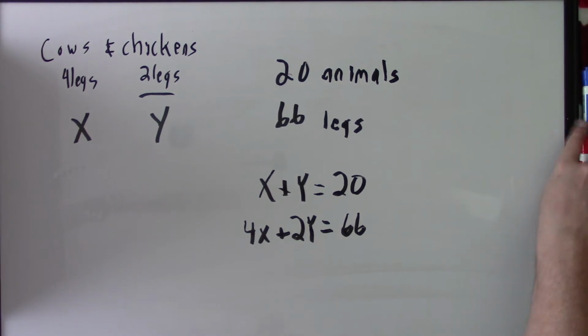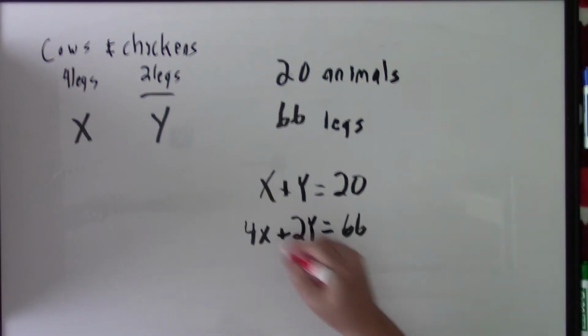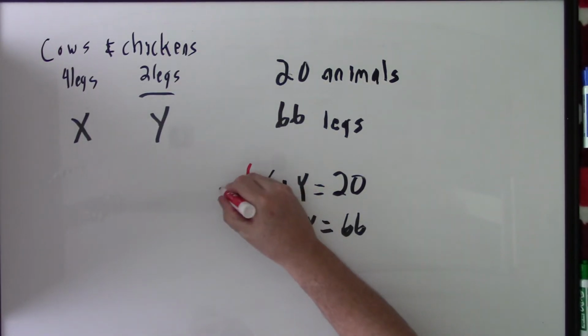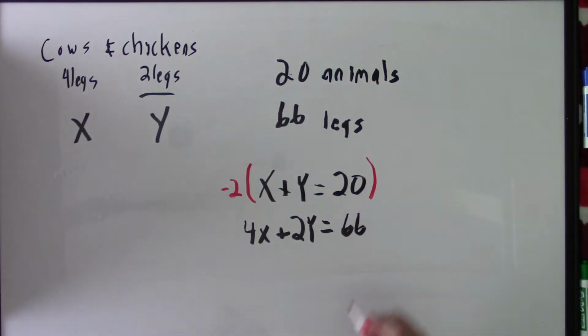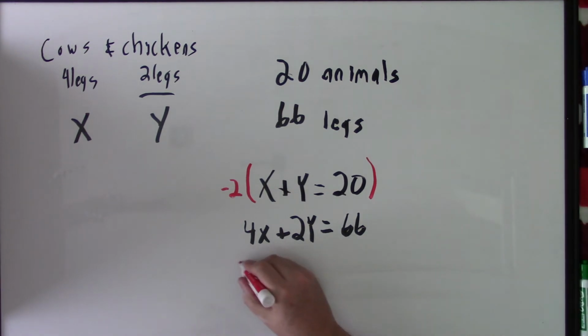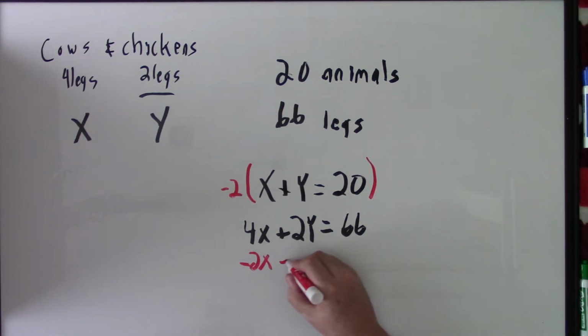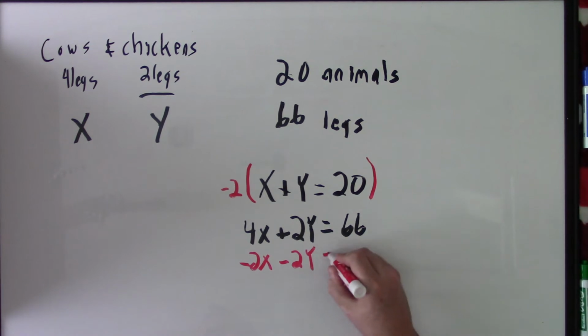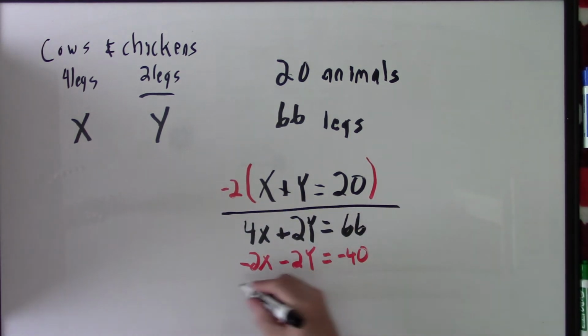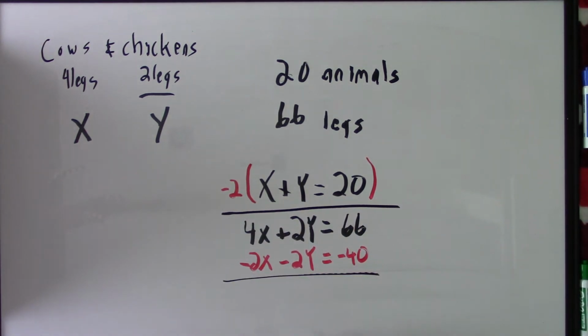So what I'm going to do is, since I want to get rid of one of the variables, if I multiply this by a minus 2, then what I get is minus 2x minus 2y is equal to minus 40. And the reason I'm doing that is with algebra, if I add equations together, then I still stay within that same system of equations.